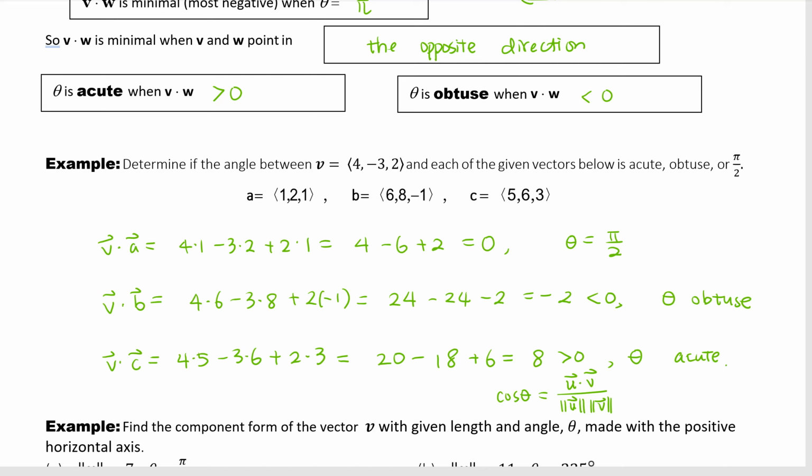Then we can use arccosine to find the angle. So the angle is arccosine of u dot v over the magnitude of u times the magnitude of v. So far so good, everybody?